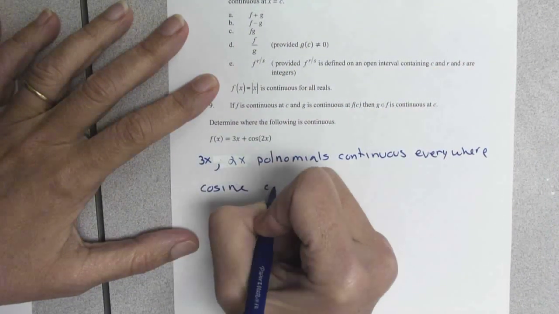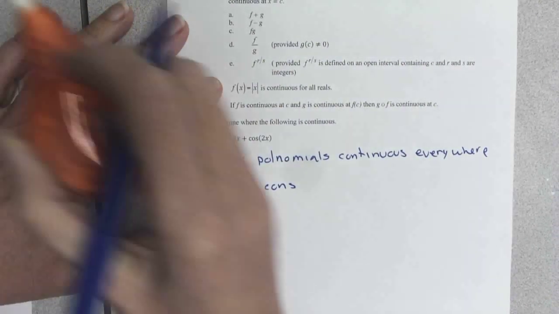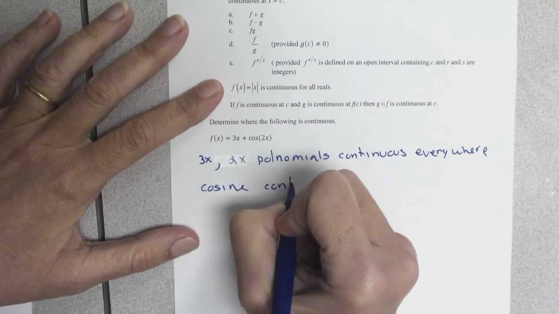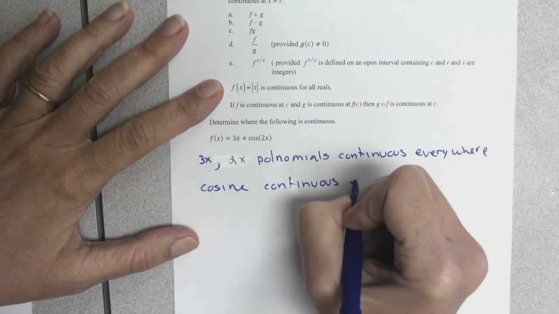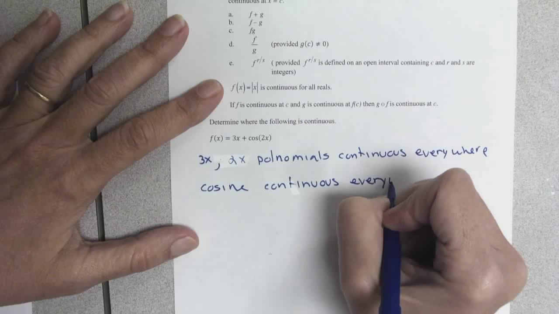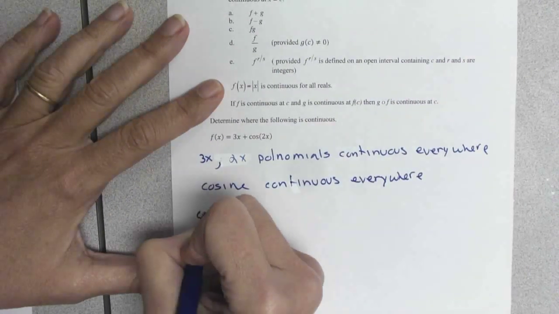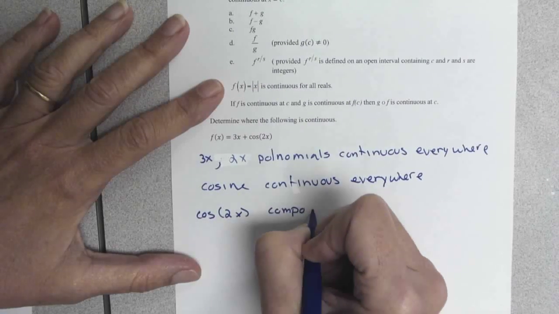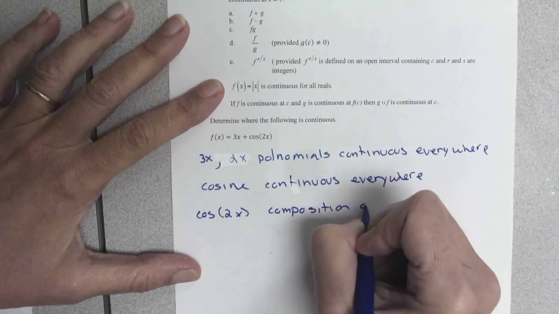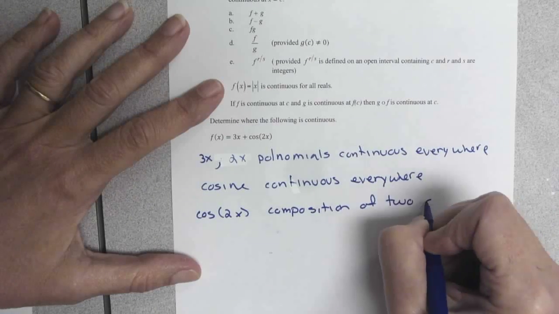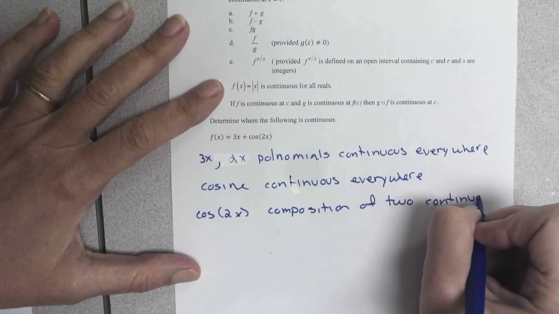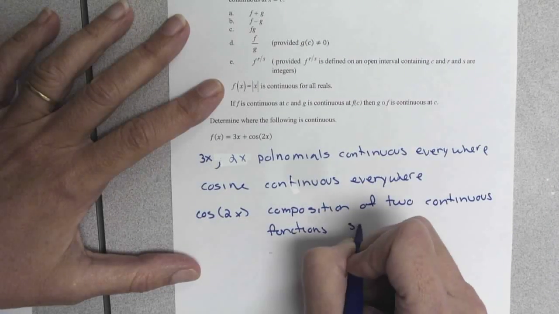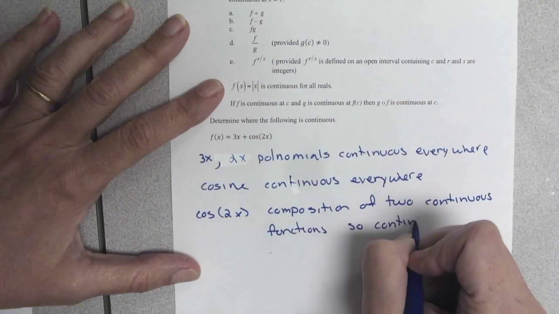Cosine, continuous everywhere. So cosine 2x, a composition of two continuous functions, so continuous everywhere.